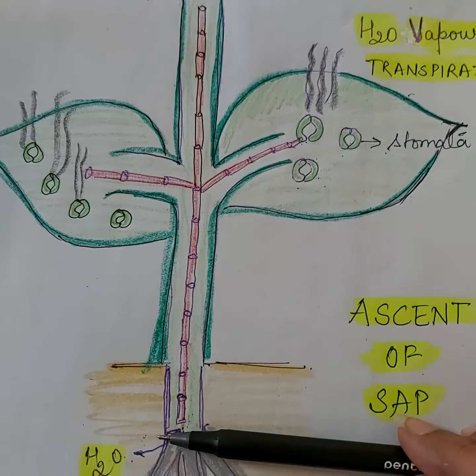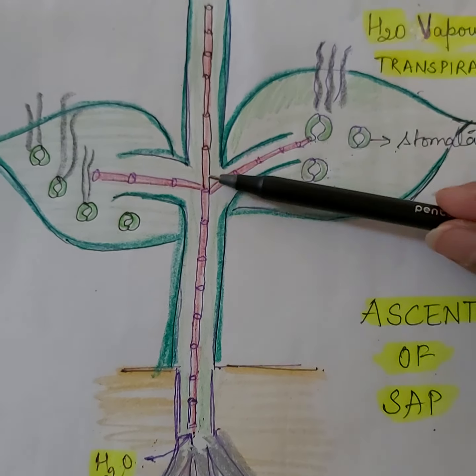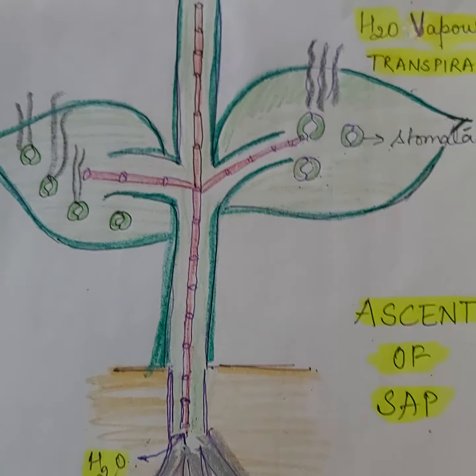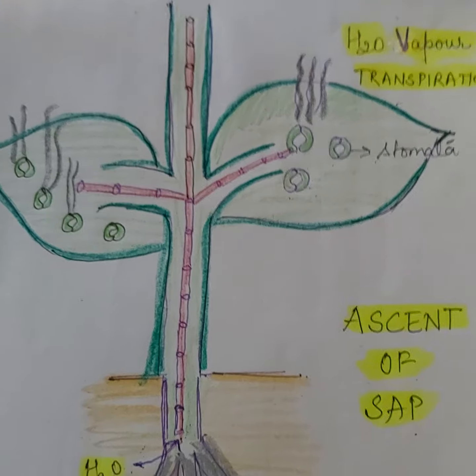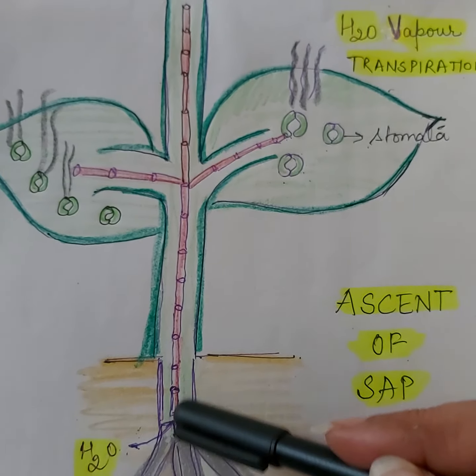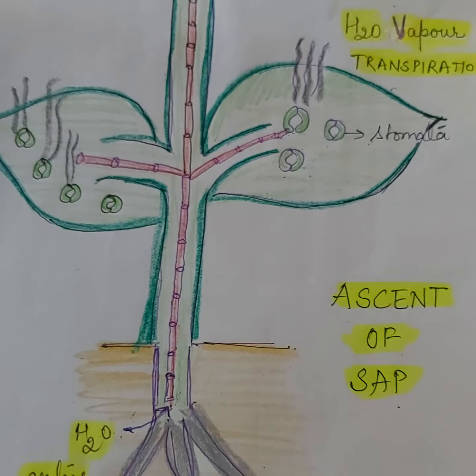Higher water and lower water concentration. So water will automatically move from a region of higher water concentration to lower water concentration, and this is actually posing a suction pull which is pulling the water in the upward direction through the xylem elements.